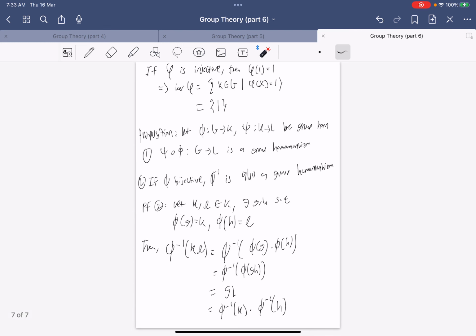And a certain other property, before we end the video, is that two group homomorphisms, when you compose them, is still a group homomorphism.